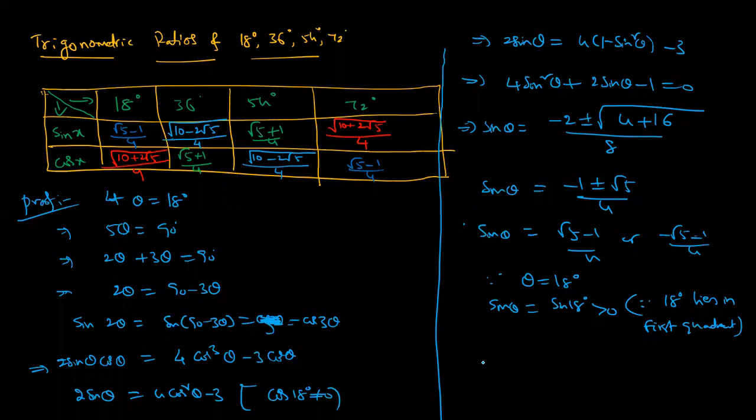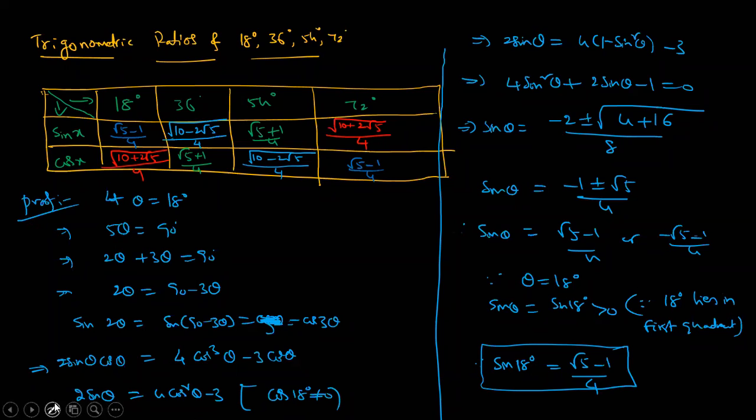So therefore, sine 18 degrees is how much, anyone? Root 5 minus 1 by 4. So please keep this formula in mind. The negative value is not possible, since sine 18 degrees is positive.